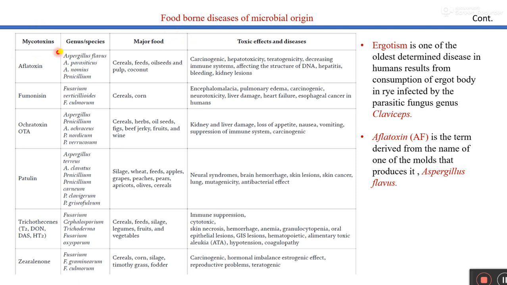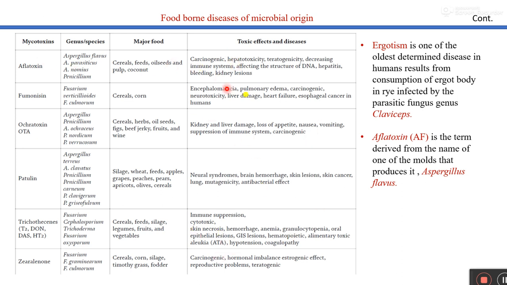Now the different kinds of toxins which are generally produced by fungi are known as mycotoxins, and these mycotoxins are also responsible for the development of different kinds of diseases in the human body.